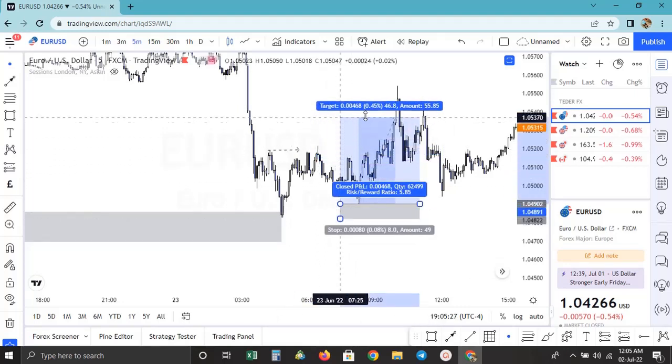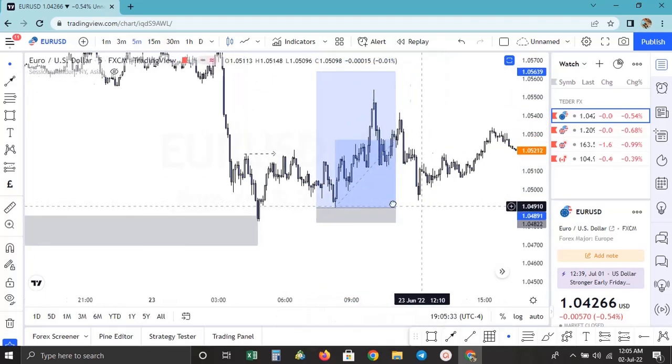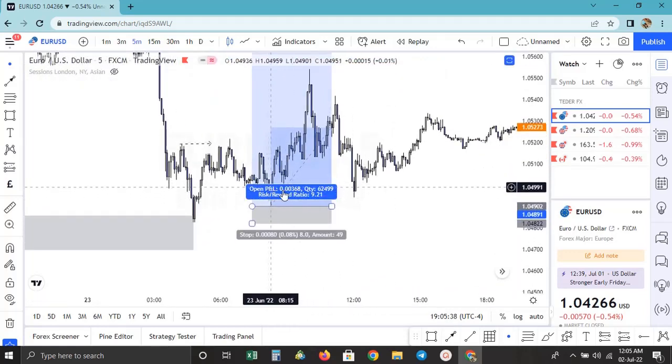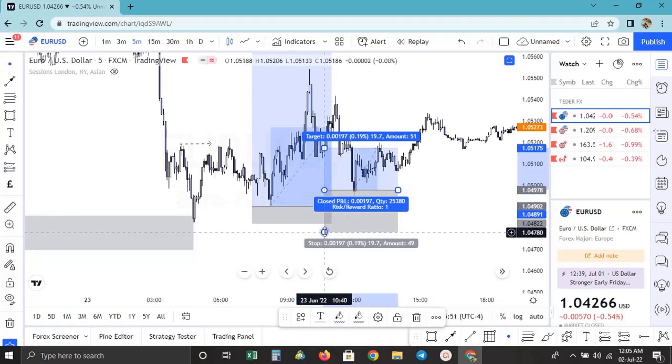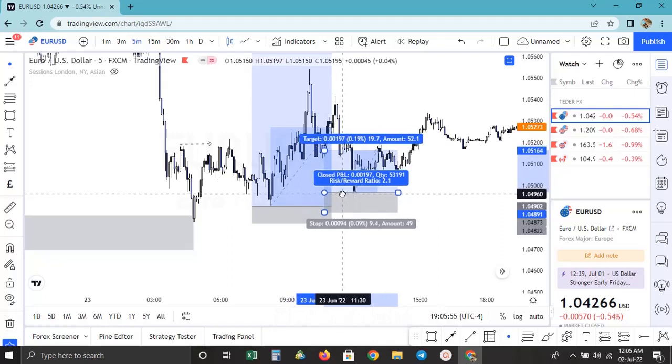Then probably I target this imbalance right here. Target this imbalance here. I still got an entry here, I still got another one entry here, because it came back, it took out this high, I still got another entry here, stop loss below, because this was a very crazy sniper.